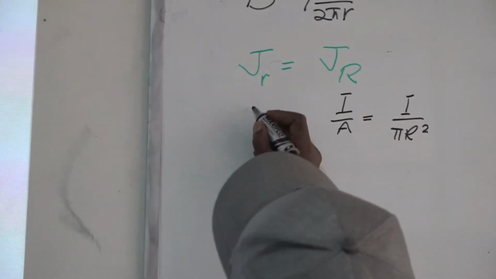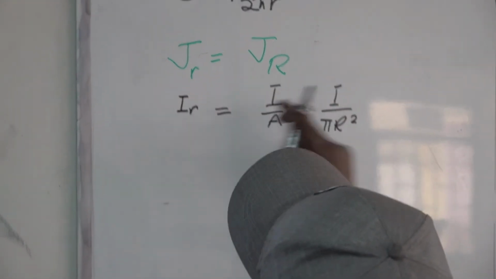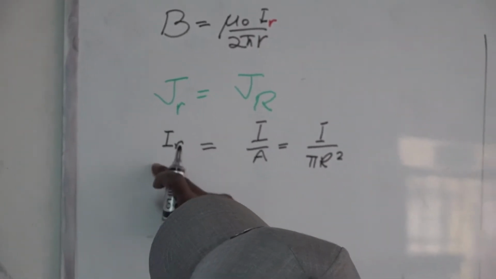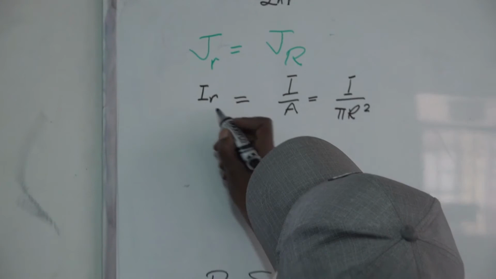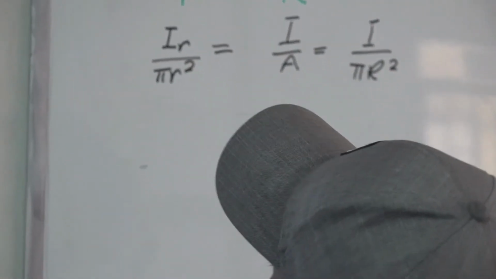And this one here too is I_r. Remember, the difference between this I_r and this one is, this is only a small portion of the current, this is the total current, divided by, again, the cross-sectional area, pi R squared.